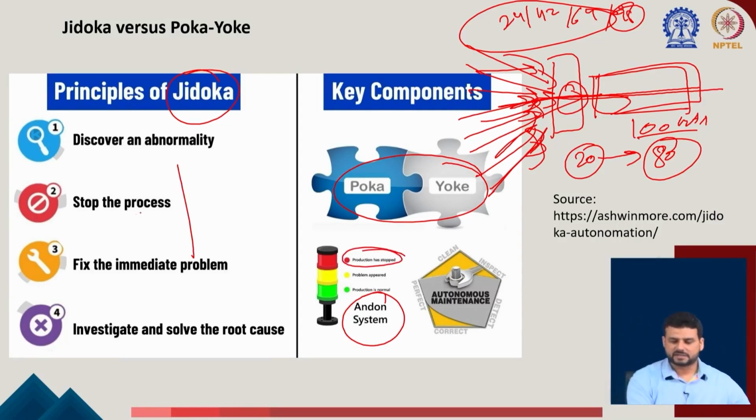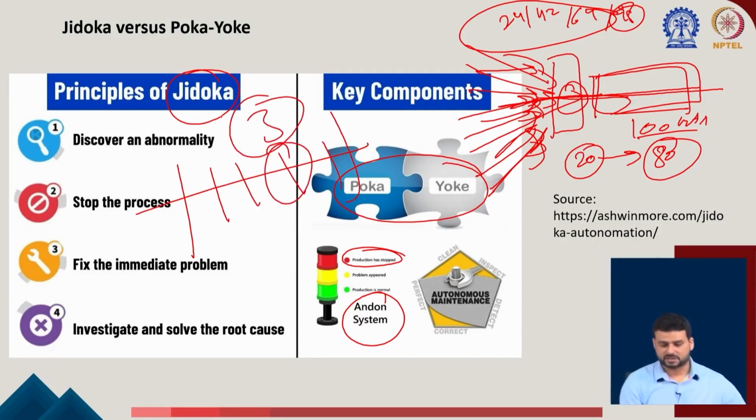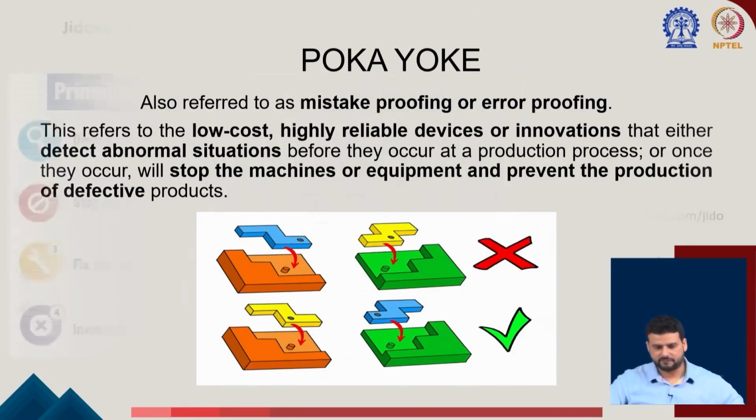Let's say 100 stages are there on the production line, something goes wrong on production stage 3, so there will be a red light. If a problem appeared, then the yellow light will be there. If everything is going perfectly fine, a green light will be there. So immediately our attention will come to the Andon board that if something goes wrong, the whole production system will stop.